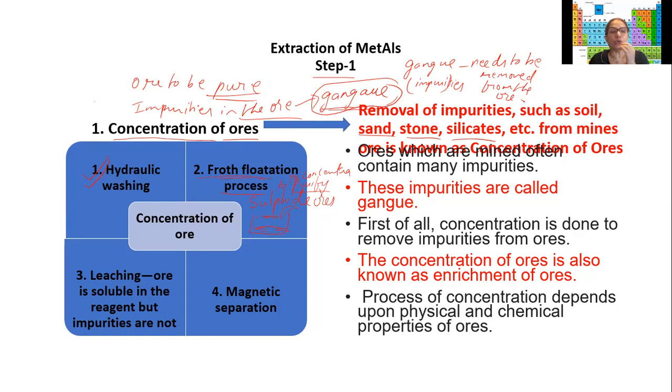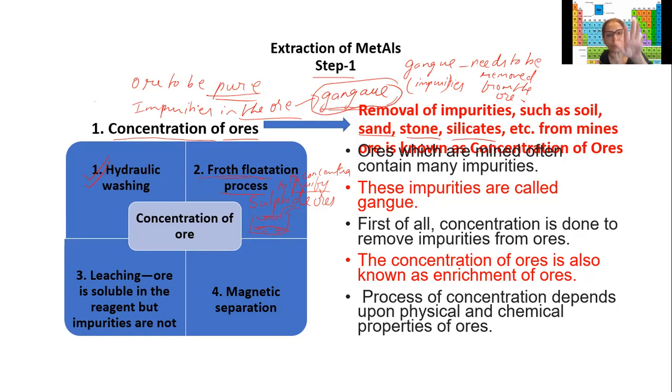So what happened was all the impurities would stick to the oil, and the ore would remain at the bottom. A froth would be formed, a big froth like foam, and the ore would remain in the froth, whereas the impurities would stick to the oil, and it could be removed.